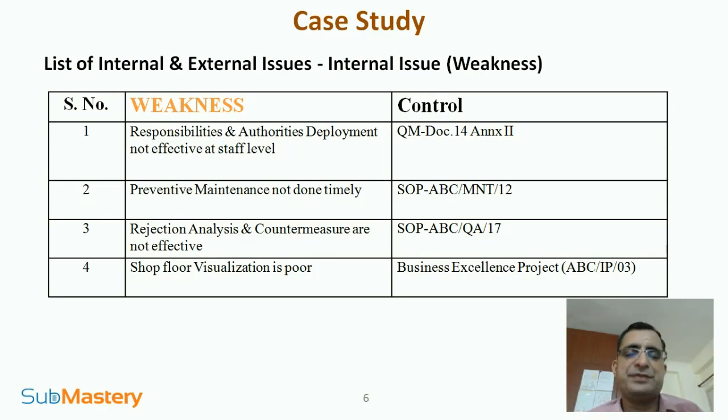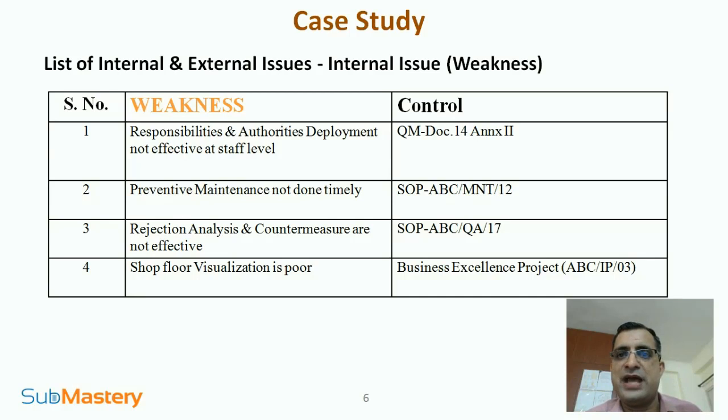I think this is an initiative by IATF wherein they want organizations to accept their own weaknesses and work upon them. Like in this case, we need to identify the control or action plan with respect to each weakness.